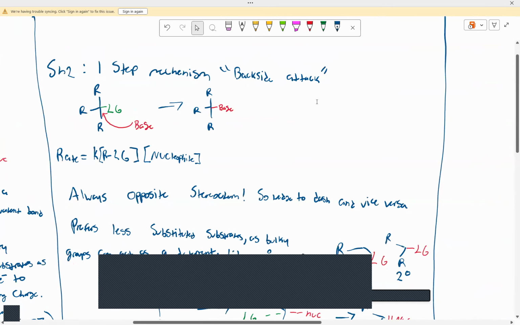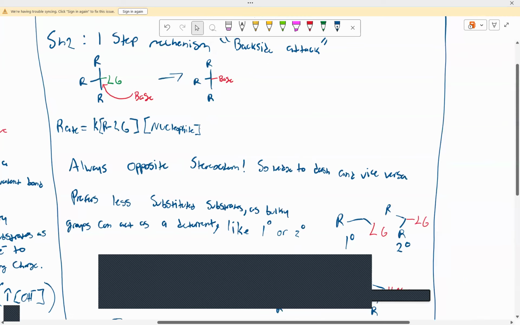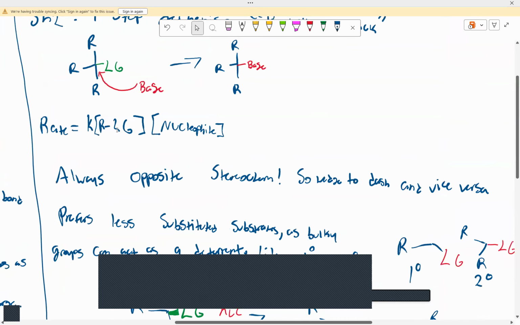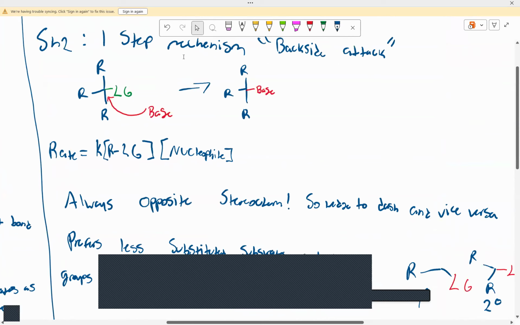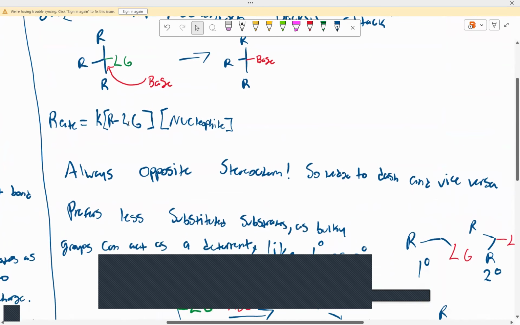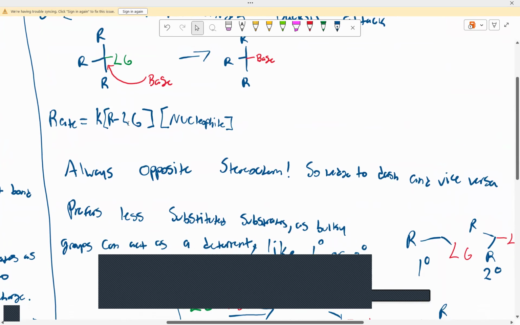Because it's a concerted mechanism, and one-step mechanisms are often called concerted, it relies on two distinct elements, I guess. So you have the leaving group and then you have the nucleophile formation.